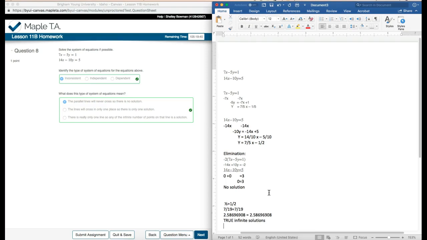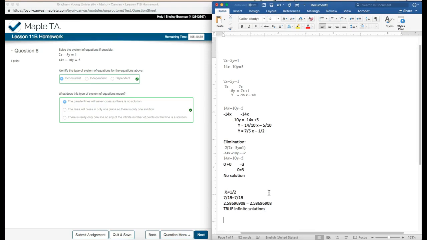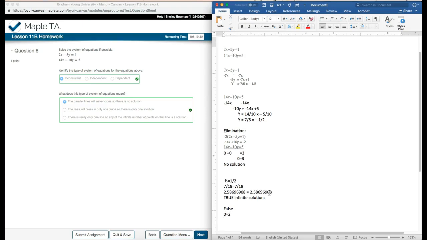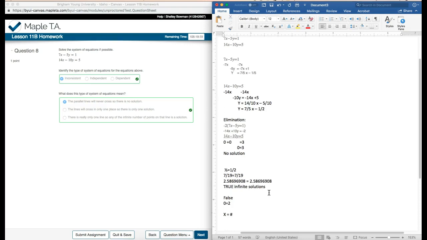If I were to do this and get a false statement, and it doesn't matter how false, it could be something as simple as 0 equals 2, like we did here, then it's no solution. But if I were to go through the elimination method and end up with something like x equals a number, and it doesn't matter what the number is, then it's an independent system, and I can go ahead and solve it.